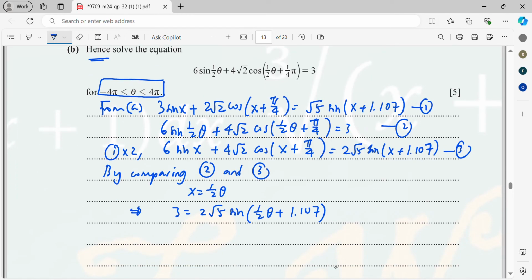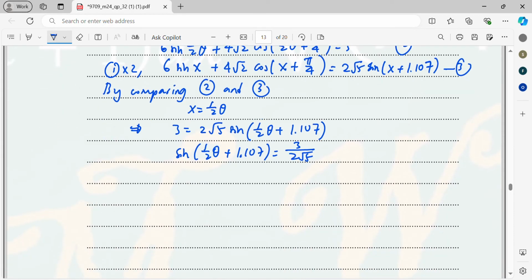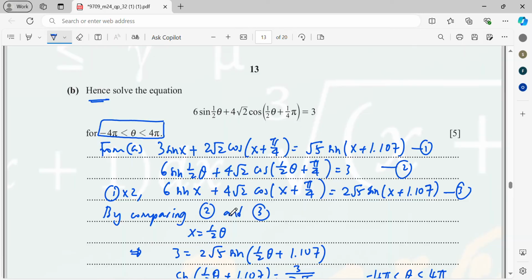So now I will get sine of half theta plus 1.107, moving down the 2 root 5, equals 3 over 2 root 5. Then I will write here minus 4 pi and 4 pi. That is my interval of theta.